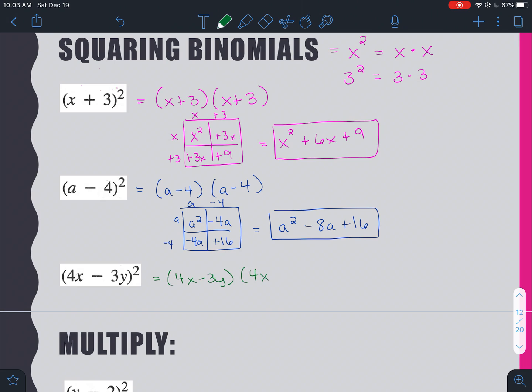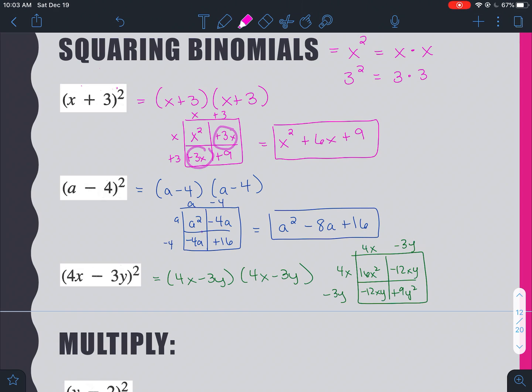4x minus 3y, that whole thing squared, would be 4x minus 3y times 4x minus 3y. And so if I used the box method, I would get 16x squared minus 12xy minus 12xy plus 9y squared.